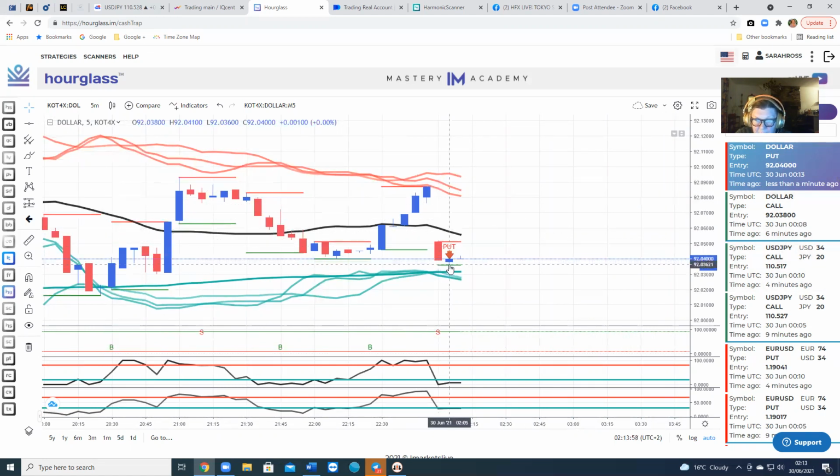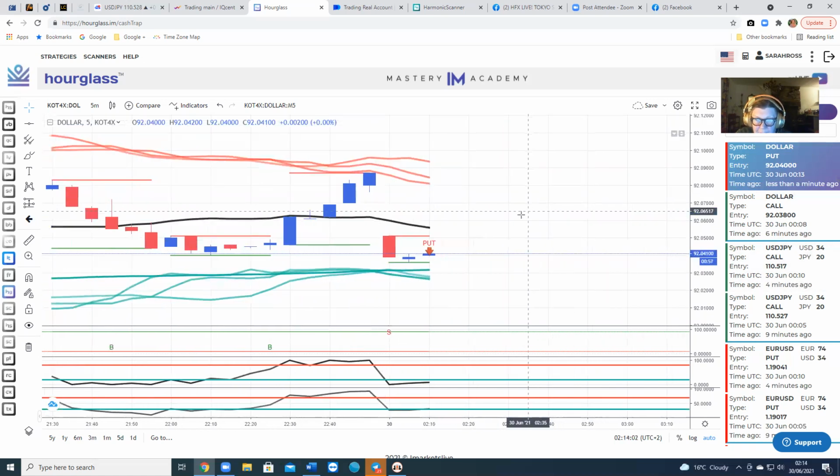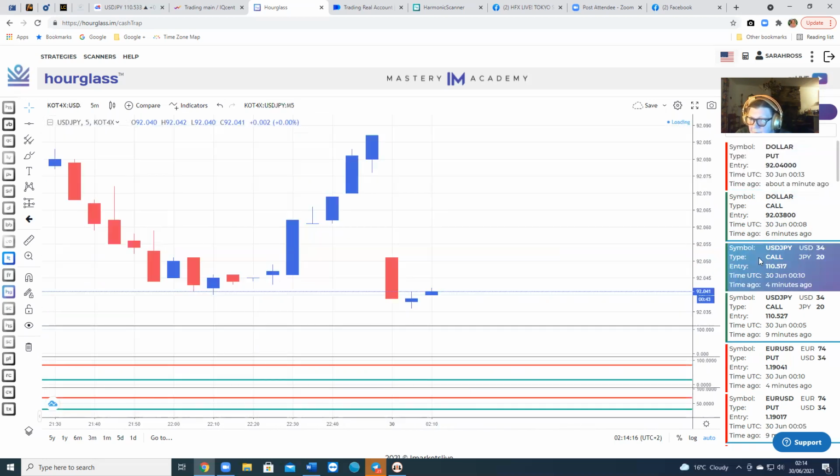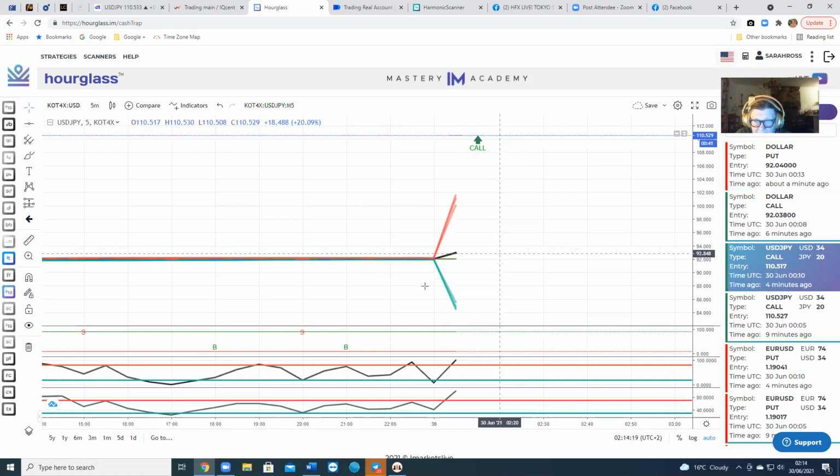So it says put, but actually, let me just refresh it. It says put, but you can see it's come off, it's formed a new line of support. And the dollar on this one is just going to change in a minute on the 15-minute. And then where are we on this?